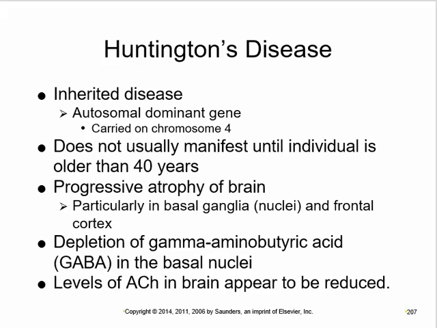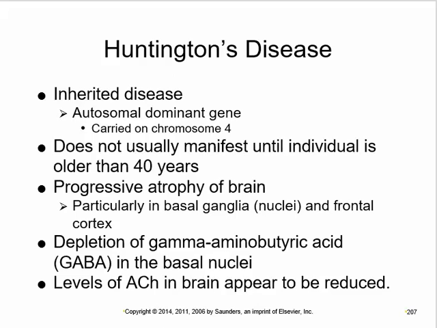It's kind of the opposite of glutamate, and so it's kind of the opposite of what happens in ALS. And this is down more in the basal nuclei. There seems to be problems with acetylcholine in the brain, but again, they're not certain of this.